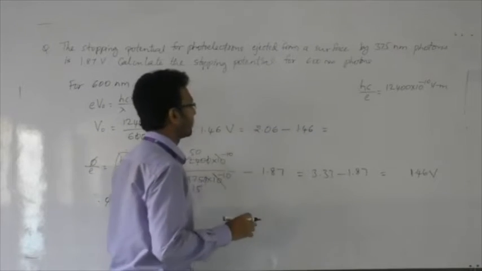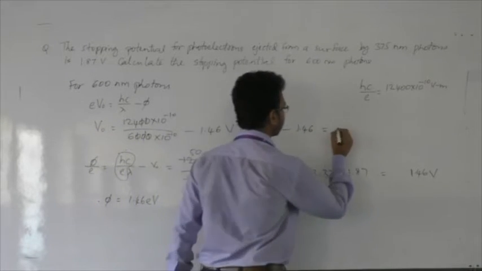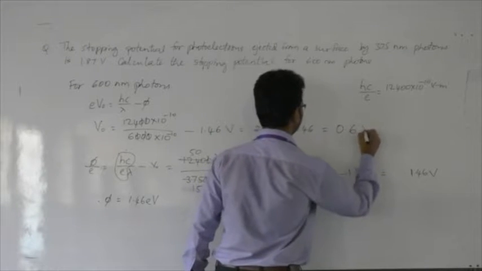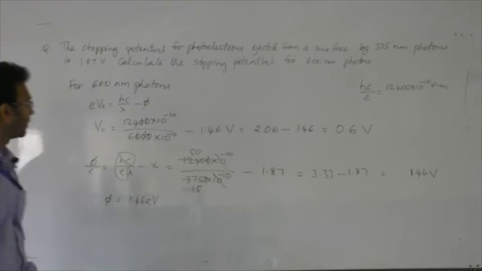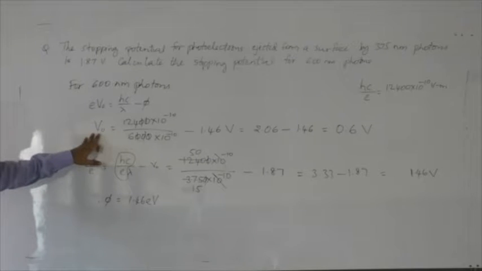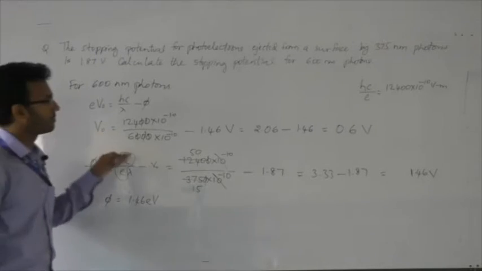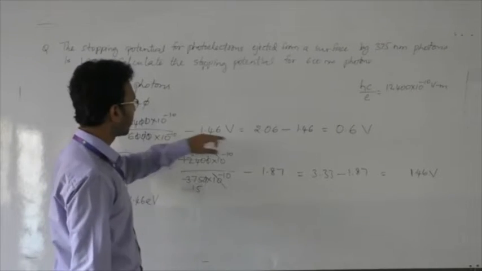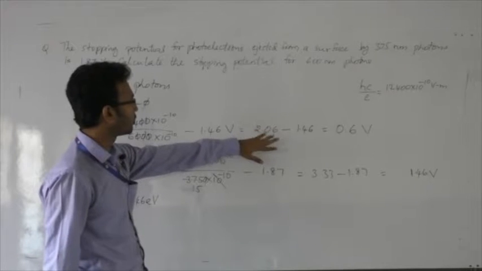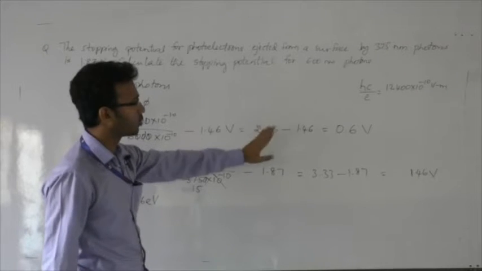This will be roughly around 0.6 volts, right? Check the calculations again. So 2.06 minus 1.46 is 0.6 volts.